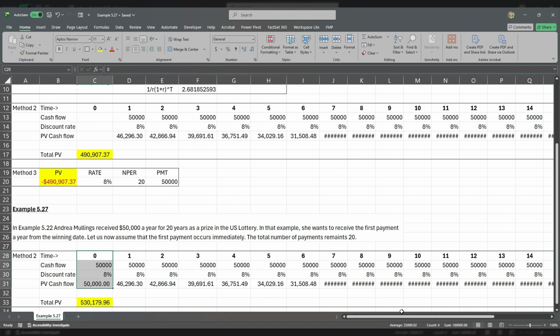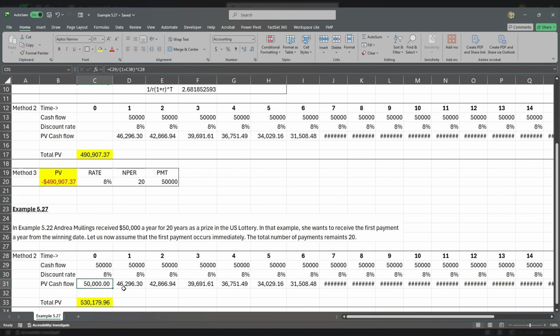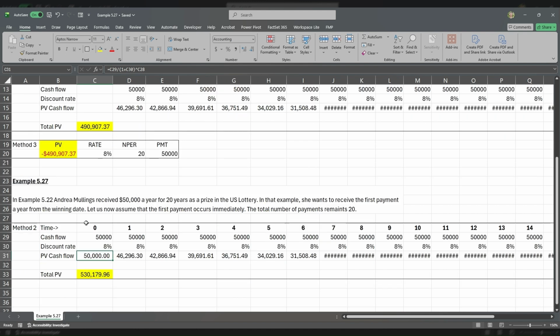So we're basically swapping out a PV of 10,000 for a PV of 50,000. But because of that, what we can do to roughly get from this answer to this answer is just take our original answer times 1.08, and we'll get approximately the exact same answer.